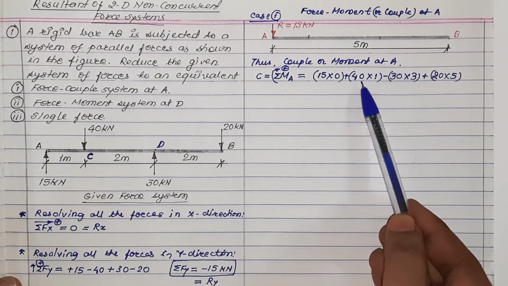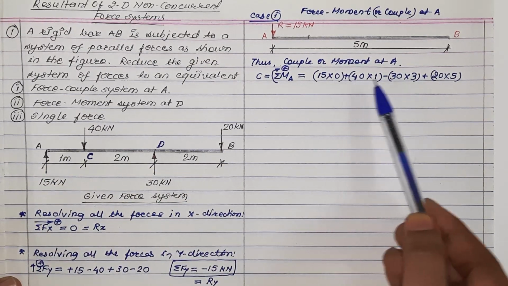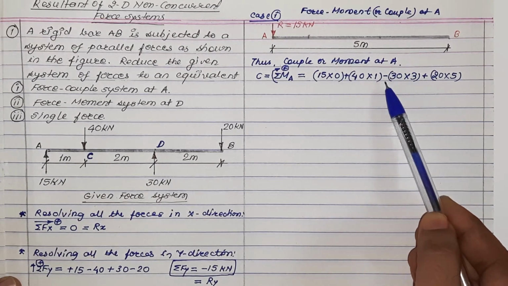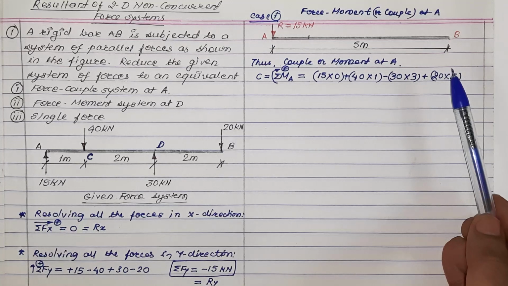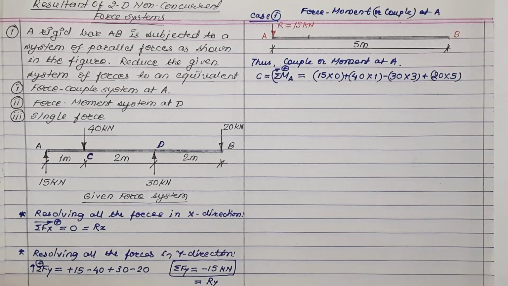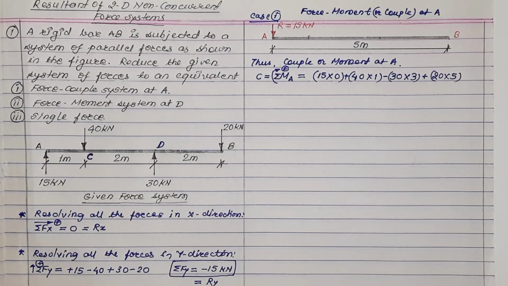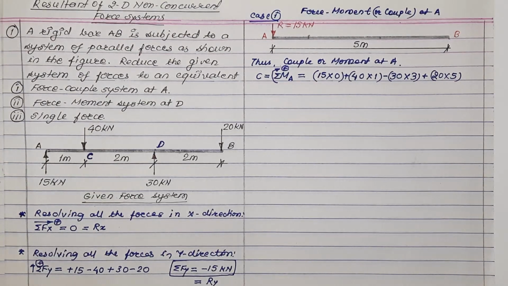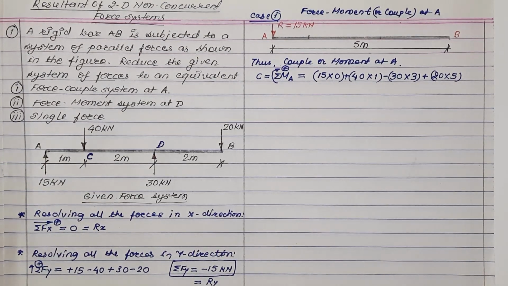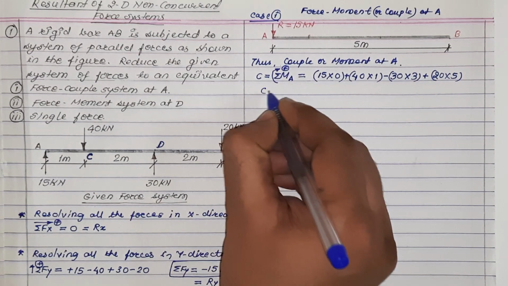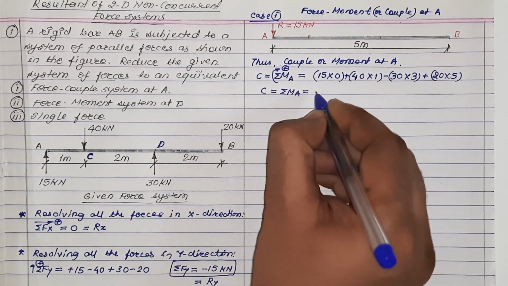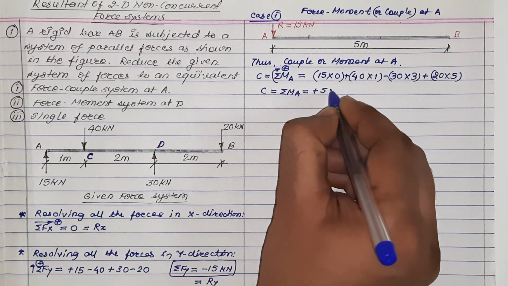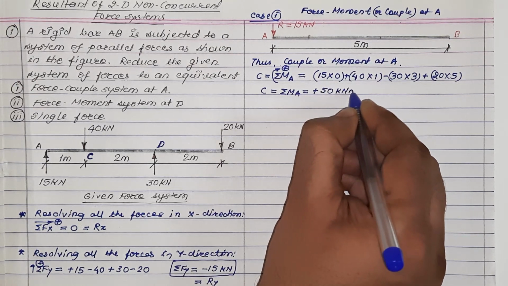Accordingly 40 multiplied by 1 positive, 30 multiplied by 3 negative, and 20 multiplied by 5 positive. This equation we have written. From this we will find out the couple at A. Thus C, that is summation of moment of all the forces about A, comes out to be positive 50 kilonewton meter.